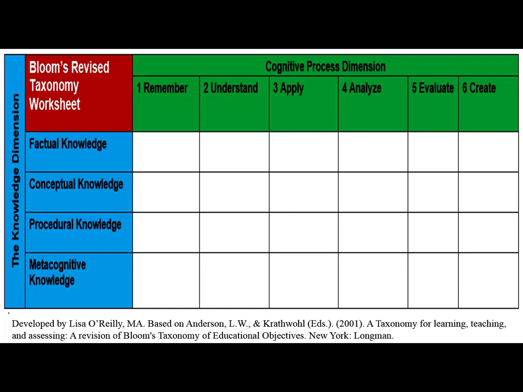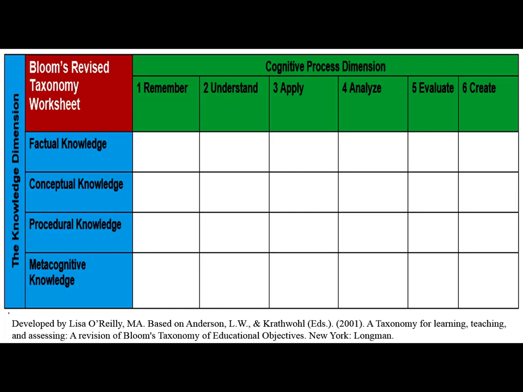Now, if you're teaching a very basic class, like an introductory class, then you're probably going to be skewed somewhat towards this side of the chart, right? Because you're teaching foundational things. You're teaching definitions and facts and procedures and not analyzing and all that type stuff that you would see at higher level classes.